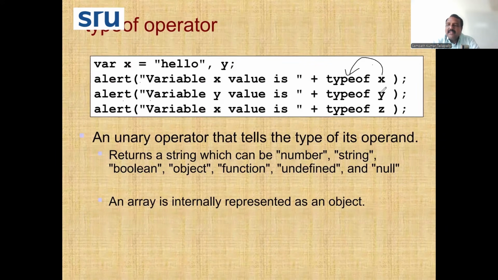What type of data is in y? What type is z? If you don't declare that variable, it gives undefined. So whenever I want to find out what sort of data is in a particular variable in JavaScript, I just say typeof the variable.